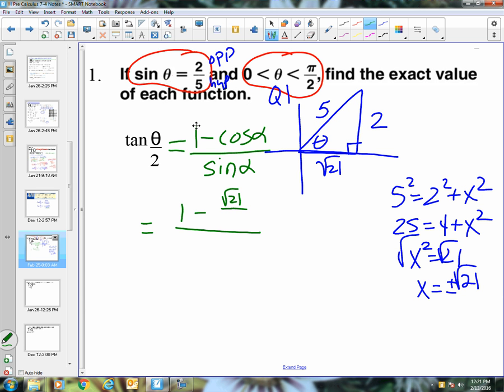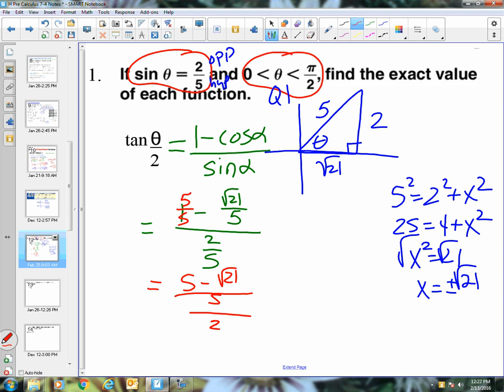So 1 minus cosine, the cosine ratio would be square root of 21 over 5. And then the sine ratio is 2/5. All right, so let's get our common denominator here and go through and do what we need to. So we're going to get a common denominator of 5. So think of this one as 5 over 5. So I'd have 5 minus the square root of 21 all over 5.